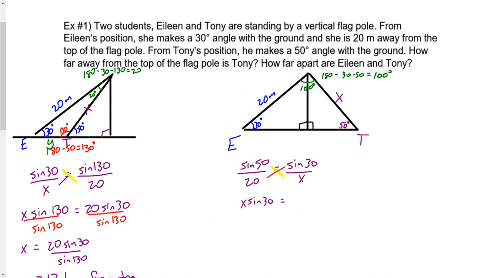Oh, that should be 50. Sorry. 20 sine 30. Divide both sides by the sine of 50.